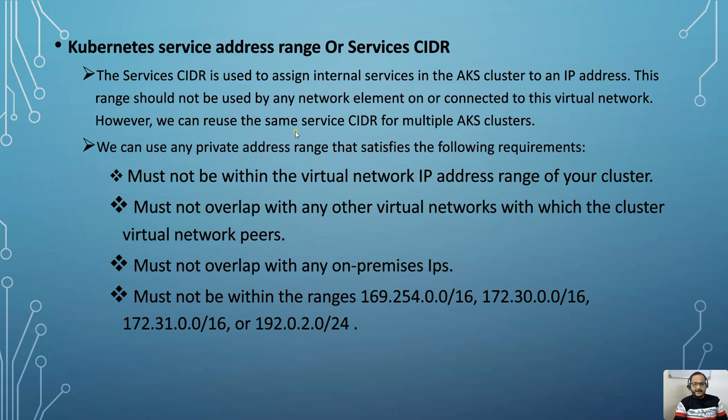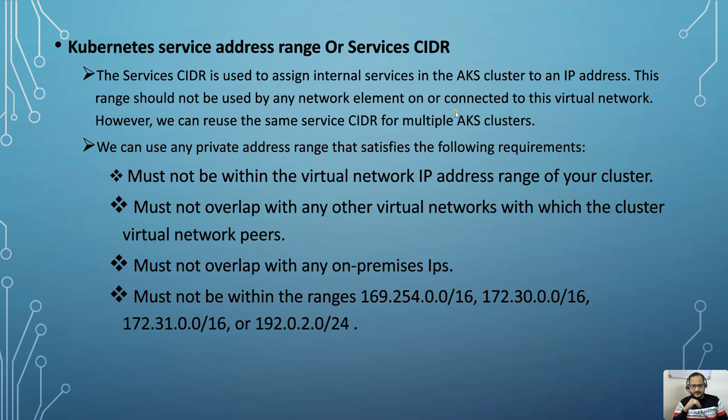This range should not be used by any network element on or connected to this virtual network. This IP address range is completely different from your node IP range or pod IP range. However, we can reuse the same service CIDR for multiple AKS clusters.